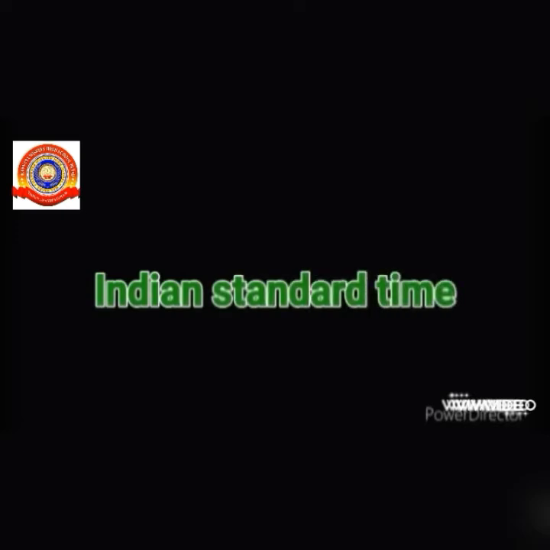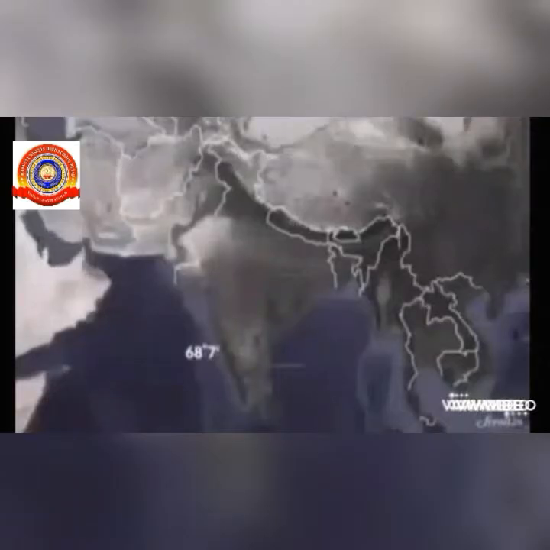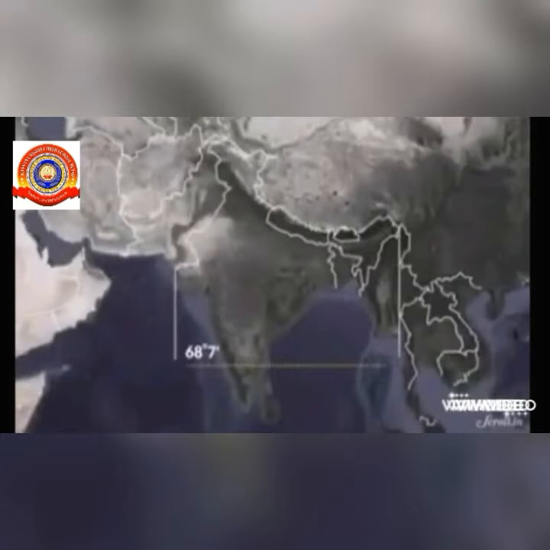Next topic is Indian Standard Time. India lies east of the Greenwich meridian between 68° east and 97° east. We know that the local time at the longitude that passes through the middle of a country is selected as the standard time of that country.